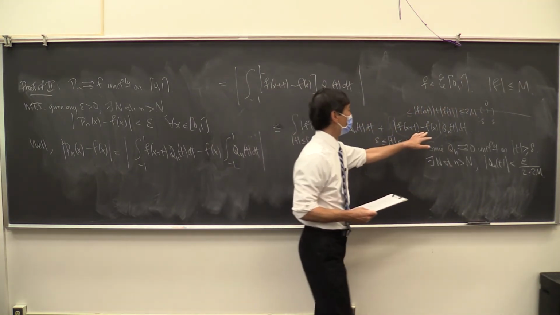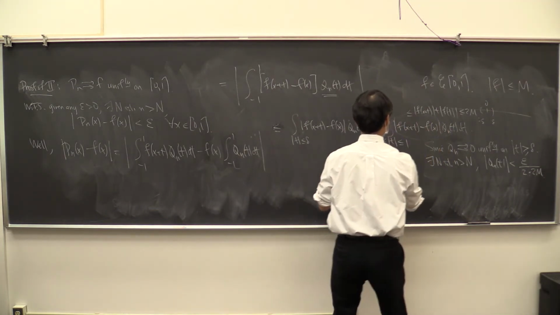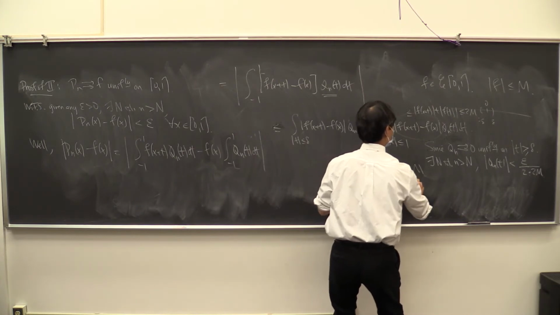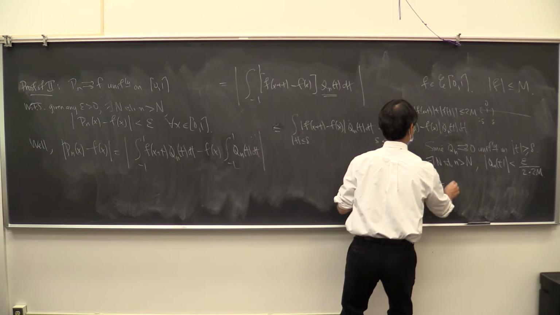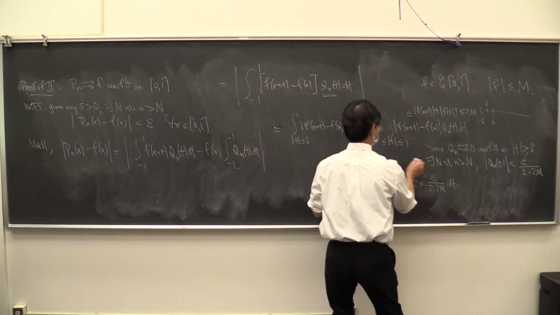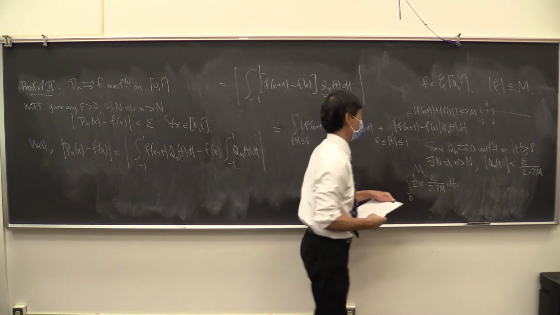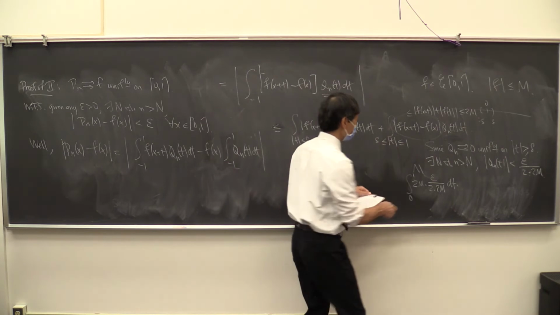And so we get that this thing on the right is smaller than the integral of 2m times epsilon over 2 times 2m, integrating over 0, 1, say. So we're just going to go over the whole interval 0, 1. I'm sorry, negative 1, 1.